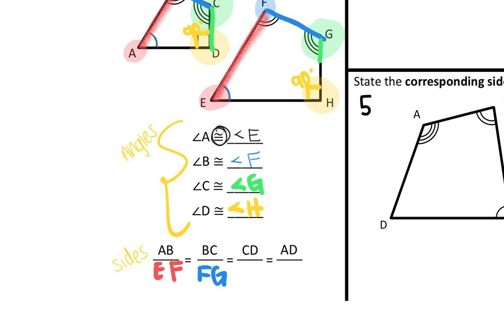So I'm going to go up, down on the other figure. So it's from G to H. Okay, again, order matters. So in the last part, I went from A to D. So watch. So I went from left to right. For my figure here, I have to follow the same thing. It went from E to H.